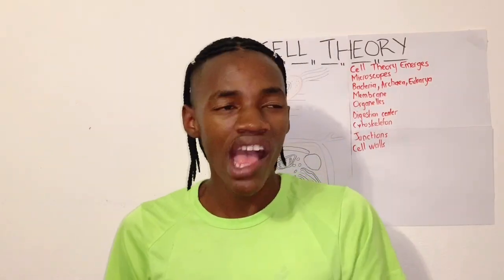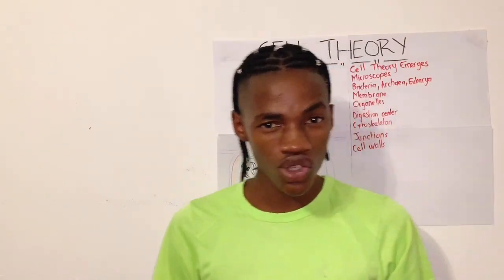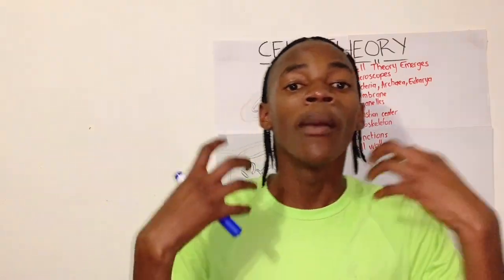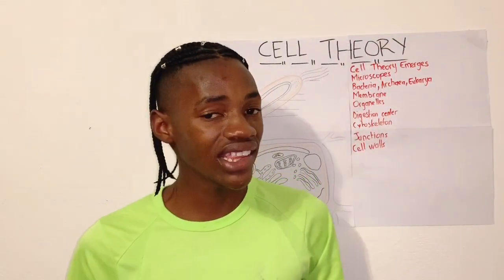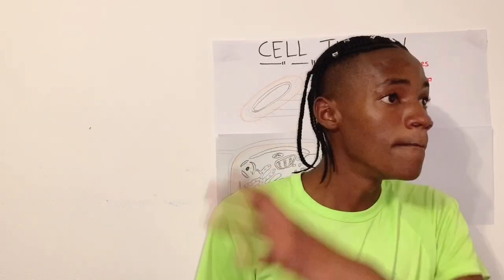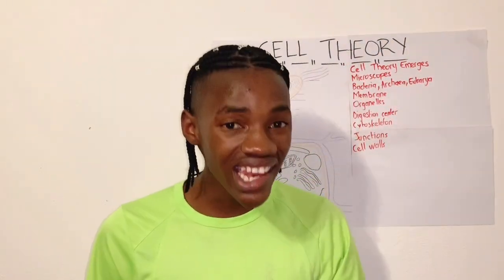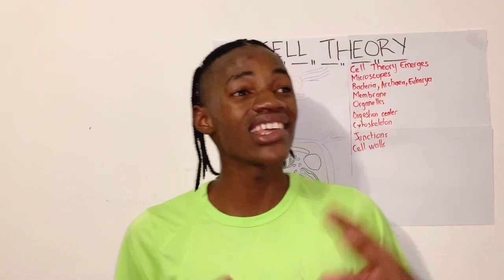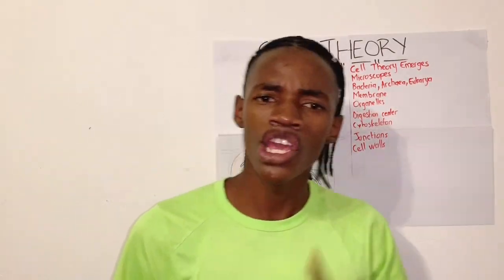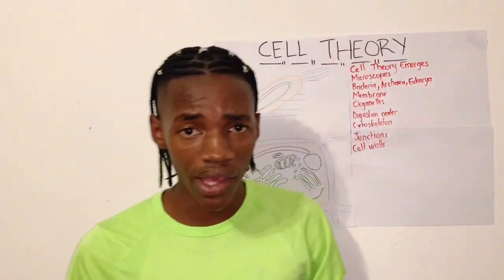Bacteria and archaea are very similar to each other in the sense that they are prokaryotic, meaning they have no membrane-bound organelles and they lack a nucleus, and they are very small, much smaller than eukarya.